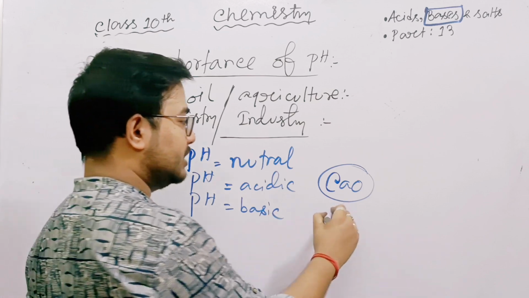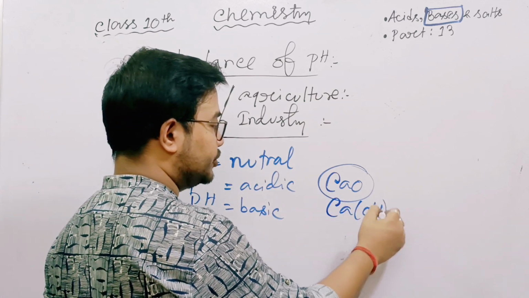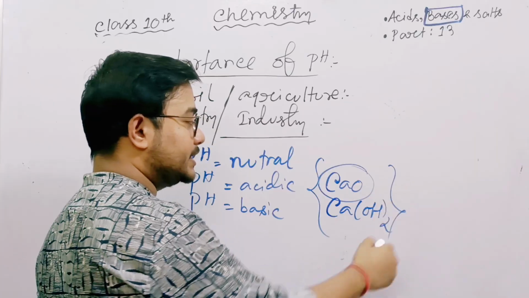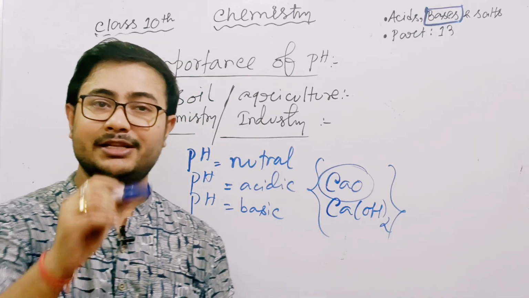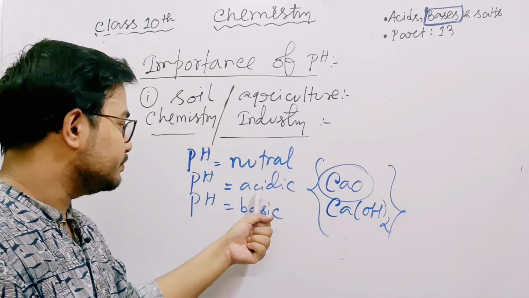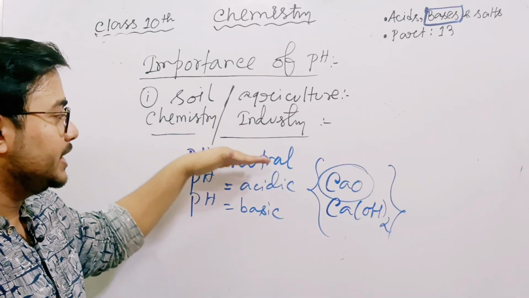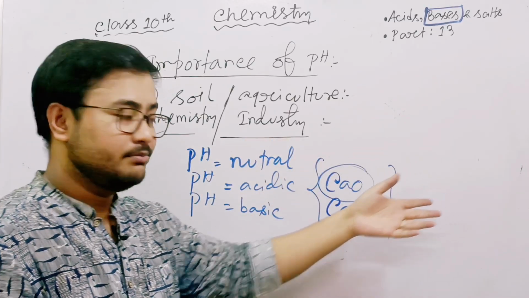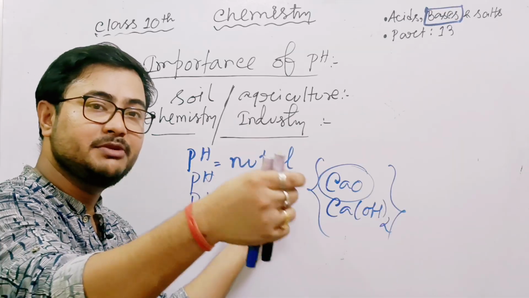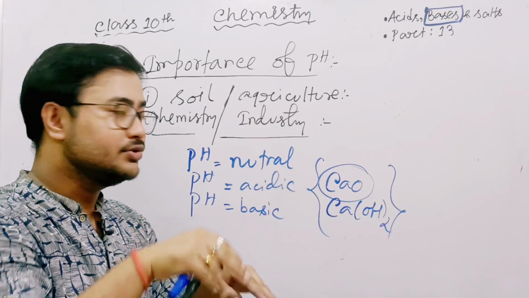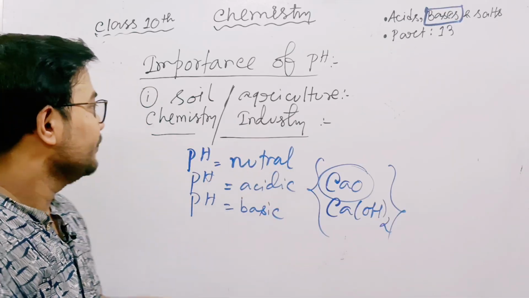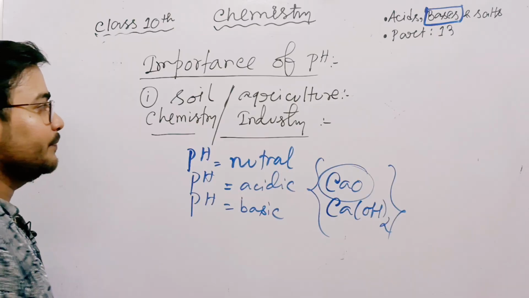Sometimes calcium hydroxide, Ca(OH)2, is also used. So try to understand, before cultivating if you determine the pH of the soil and it is too acidic, to maintain neutral pH we use the base, because acid and base neutralize, then the soil becomes neutral. So soil chemistry is your first point.